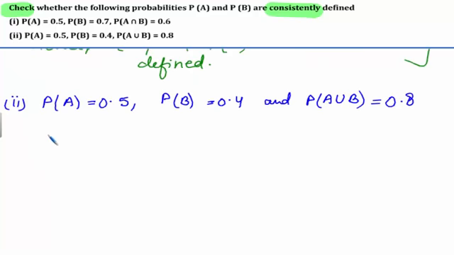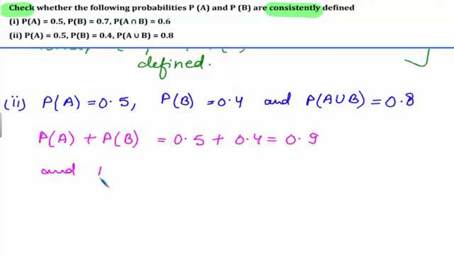Now, first let us find the sum of probability of A and probability of B. So this is equal to 0.5 plus 0.4, which is equal to 0.9, and probability of A union B, as it is given to us, is 0.8, which is less than 0.9, which is the probability of A plus probability of B.